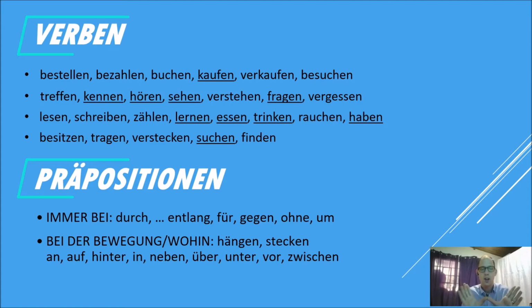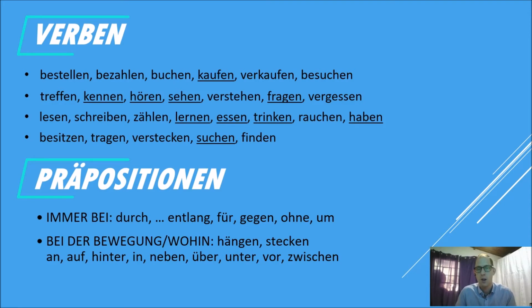So when do we use these prepositions with the accusative? Let's have a look. All these prepositions indicate a place. The question could be, where are you? Or, where are you going to? Normally you use the same prepositions.